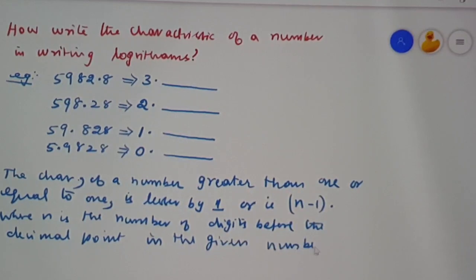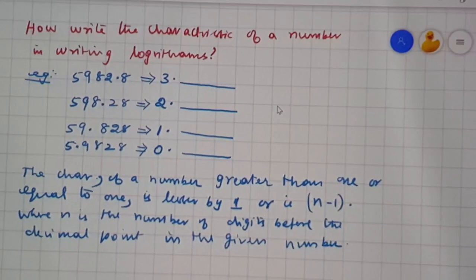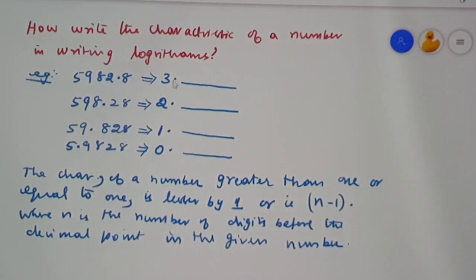So I have taught you how to write the characteristic digits from the given number. For that, you find how many digits are available prior to the decimal point.